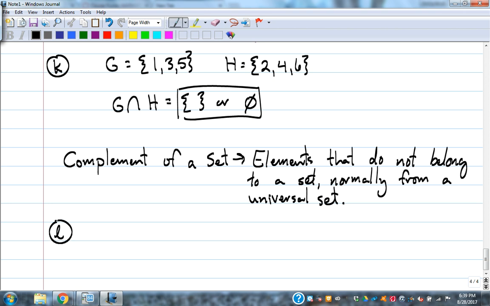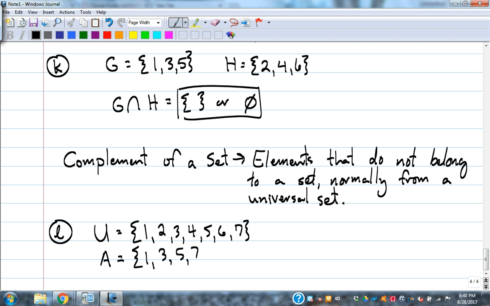So example L, we'll call the universal set U: 1, 2, 3, 4, 5, 6, 7. That's our universal set, so those are the only numbers in our discussion. And we'll call set A 1, 3, 5, and 7.